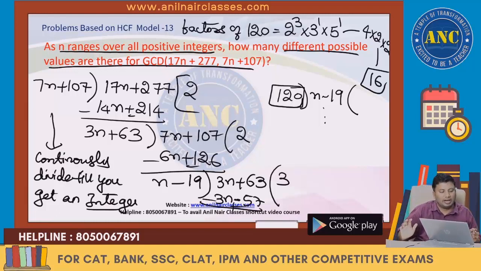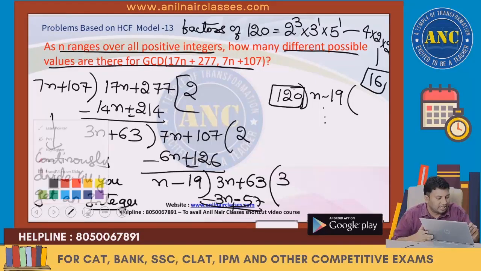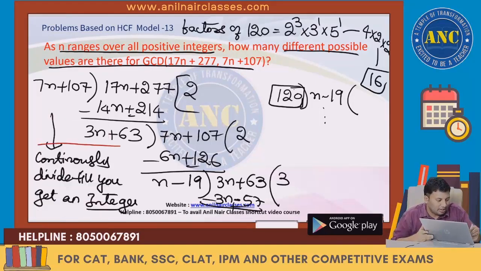I hope the idea is clear. 7n plus 107, 2 times is 14n plus 214, minus 3n plus 63, 2 times. I got n minus 19, 3n minus 57, 120. This is the entire idea, sir. Continuously divide the numbers till you get an integer. Idea clear? So next one.